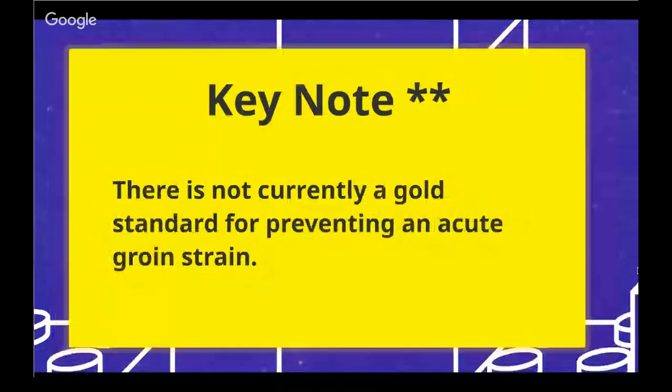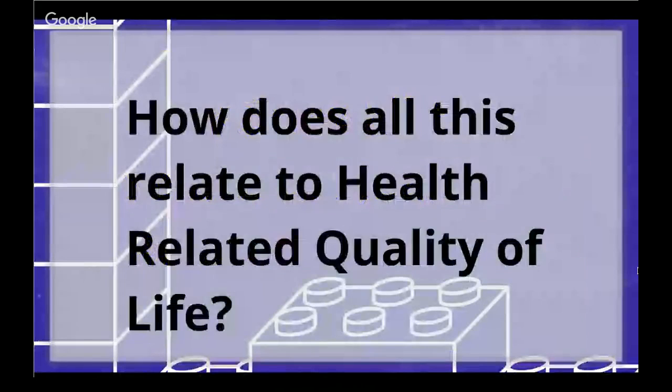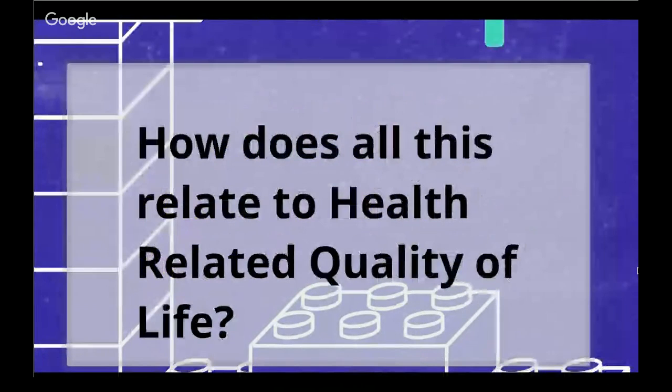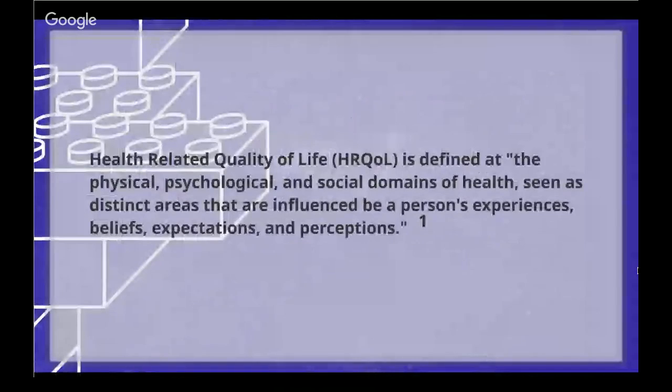So how does all this relate to athletic training, and why or how does it relate to health-related quality of life? Health is defined as the physical, psychological, and social domains of health, seen as distinct areas that are influenced by a person's experiences, beliefs, expectations, and perceptions. Now, if you notice in this definition, you don't just see physical, you see psychological, you see social.